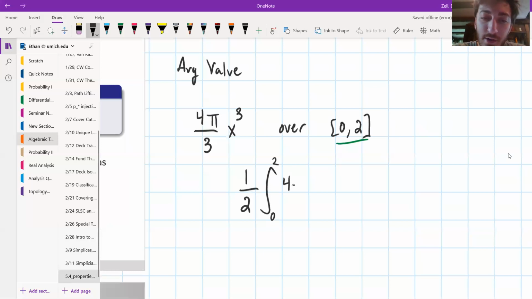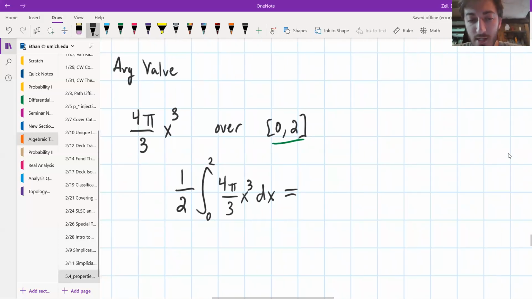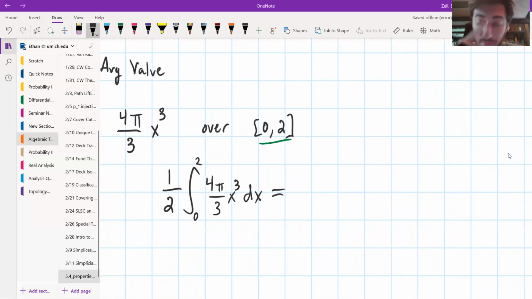If I try to integrate this, it might be easier to use linearity of the integral to bring out all these constants. So this is the value that I'm trying to find, and the average value of this function is just this quantity. All I have to do is some quick calculus.